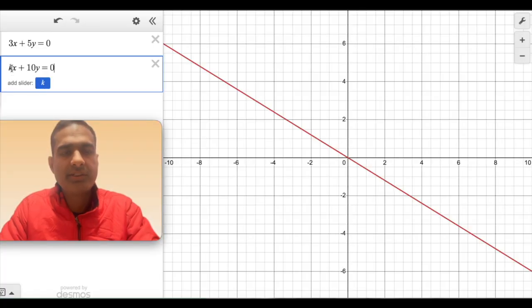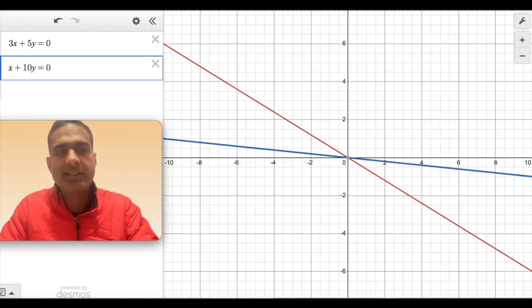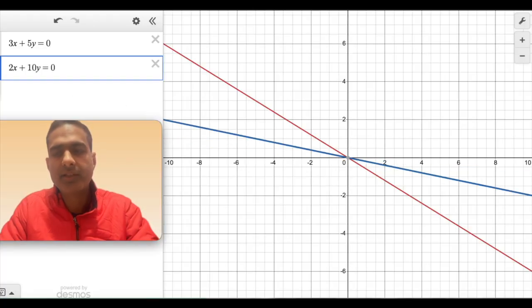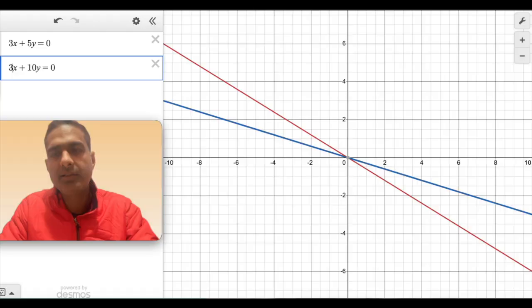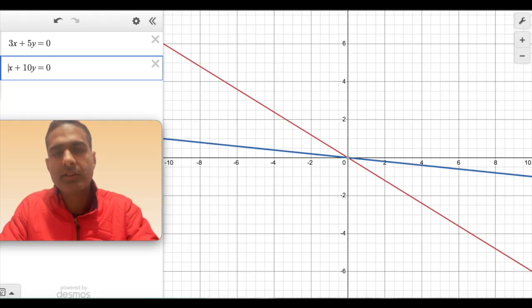There is a constant k, so the software is not able to draw the line. Now if we change the values, I made k 1, so the blue line and red line are again passing through the origin. Now if we make it 2, then it is changing, but again both are passing through 0, 0. If we make it 3, then 4, again they are passing through the origin.